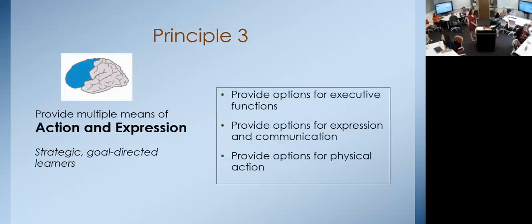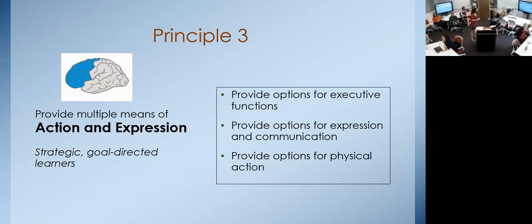And then the third principle is action and expression, or providing multiple means, so different opportunities for this. This is more of the how a student learns. And so you take into consideration how they learn. For instance, a student may not be a great visual or auditory learner.